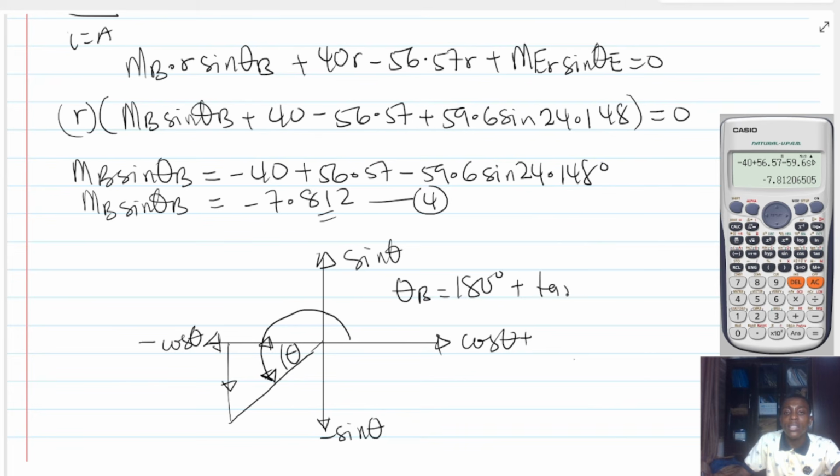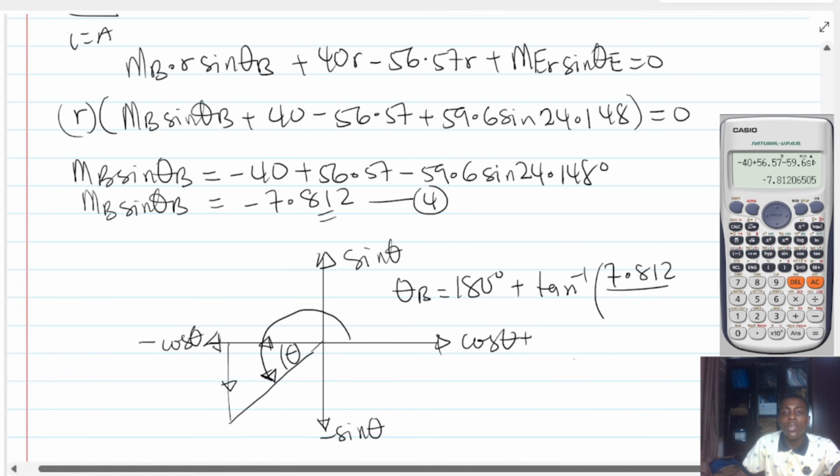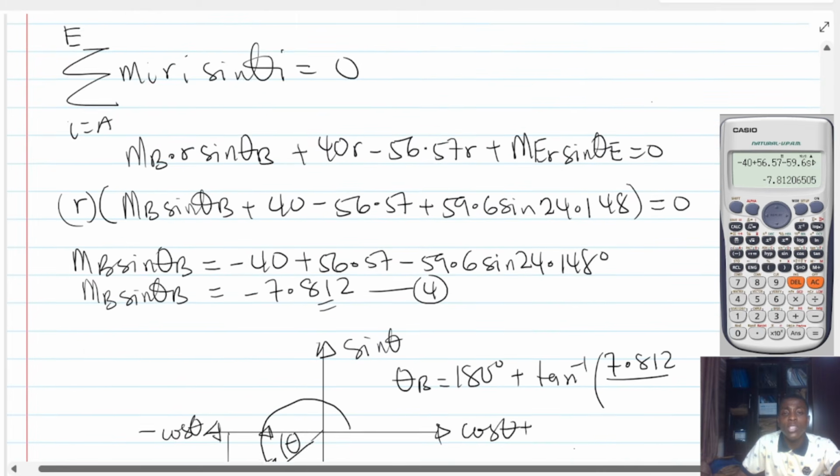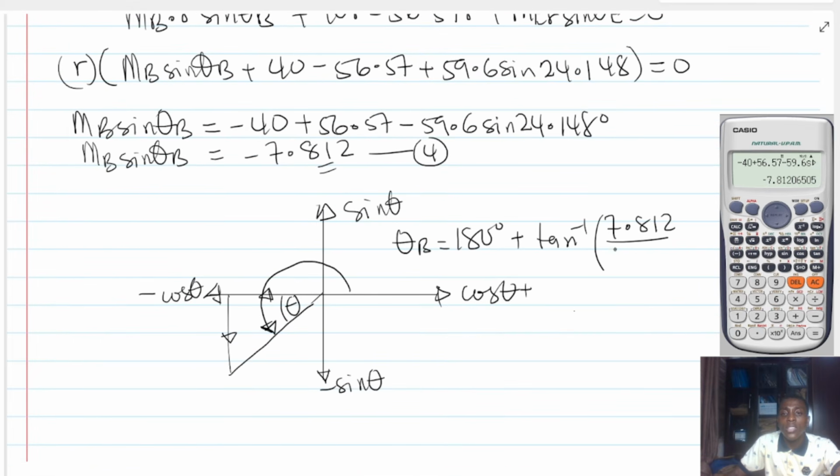Is that right? So in other words, our actual theta B is going to be 180 degrees plus whatever we get from here, which is going to be the tan inverse of 7.812 divided by 47.815. I'm not bringing negative here because the quadrant itself indicates that it is negative.